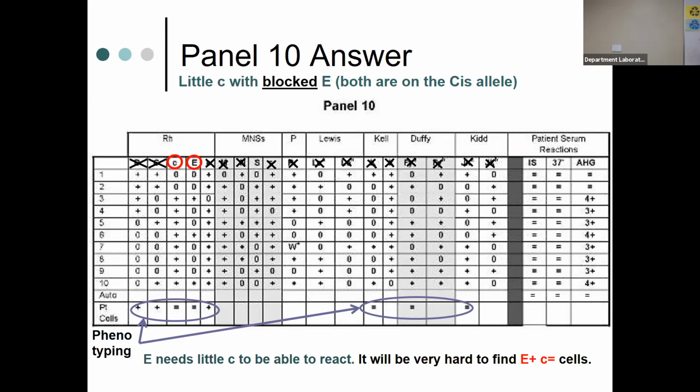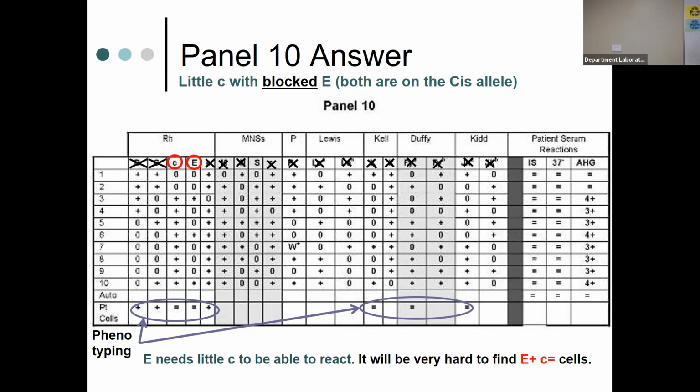That's the most common inheritance, okay? So if your patient has little c in BloodBank, we call it a blocked E phenomenon. And it's because we have a very hard time finding little c negative, big E positive cells. All right, so oftentimes, if you identify anti-little c, we will also give them big E negative units because we just cannot rule it out.